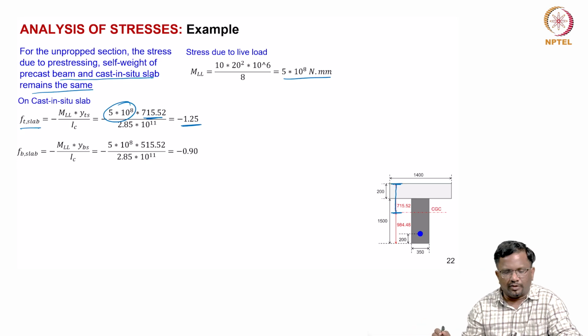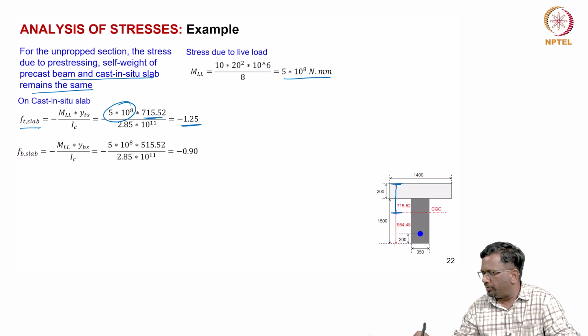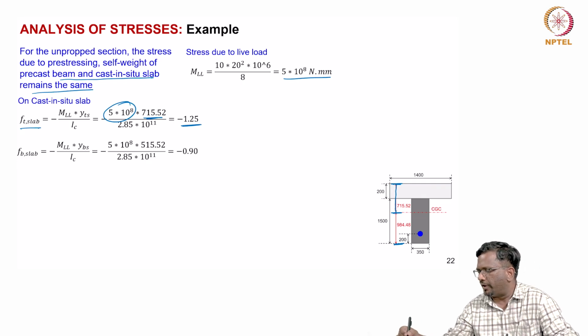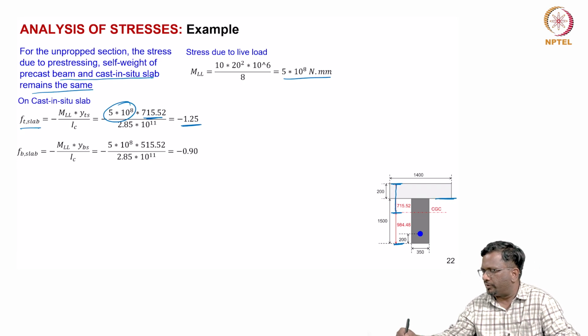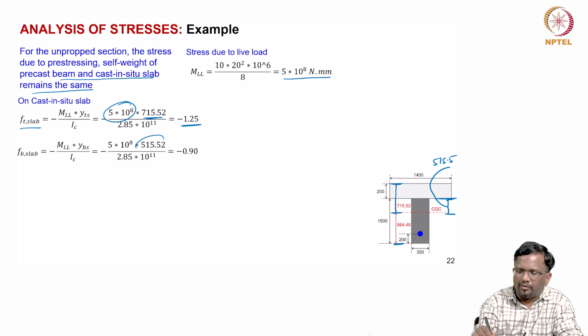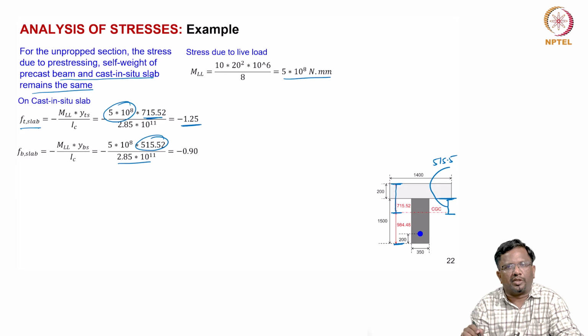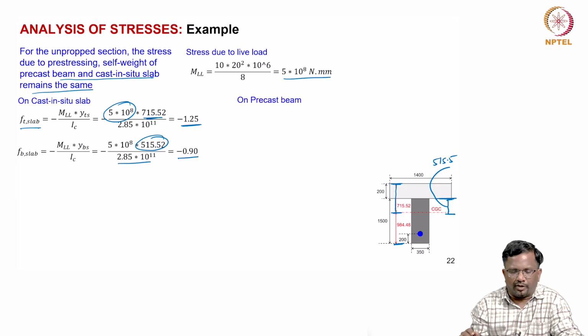Similarly, at the bottom of the slab you get ys basically. Sorry, we are looking at this location, the bottom of the slab. This distance is basically 515.5. That is the reason you have y here, and the moment of inertia for the transformed section is 2.85. So you get negative 0.9.